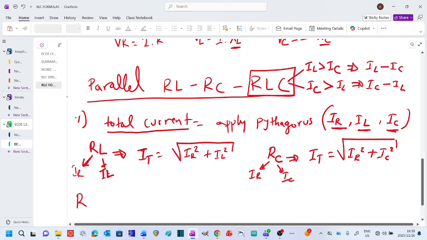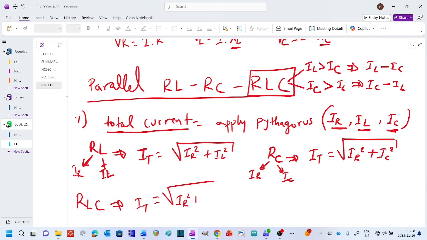So for example, if they ask you to calculate the total current in the event of an RLC circuit, so what do you have to do? So your I total is going to be square root of IR squared plus (IL minus IC) squared.